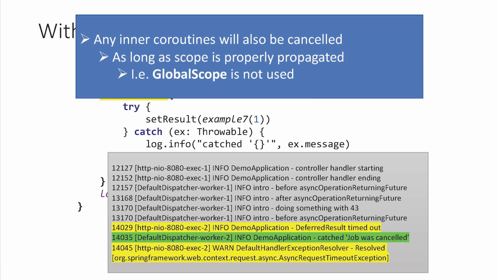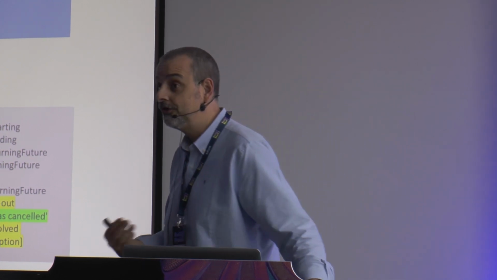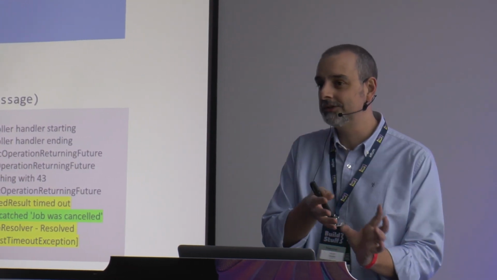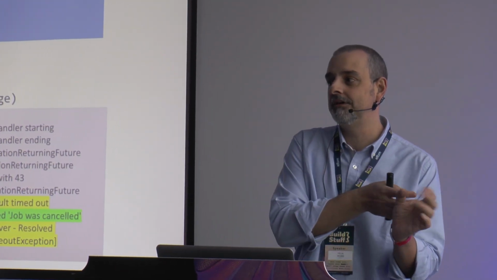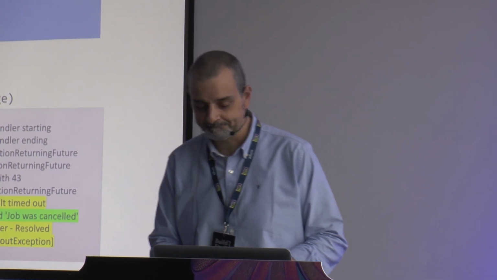So any inner coroutine will also be cancelled as long as scope is properly propagated. That means that I cannot use global scope. Anything that I create using global scope will be global, will not be subject to the lifetime of the request or the lifetime of the activity.